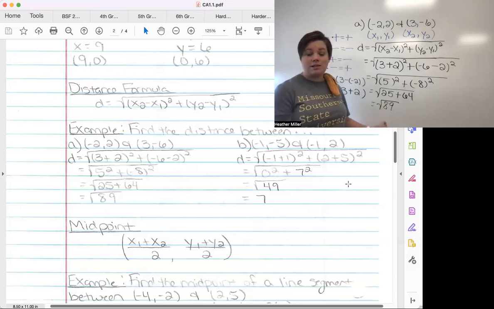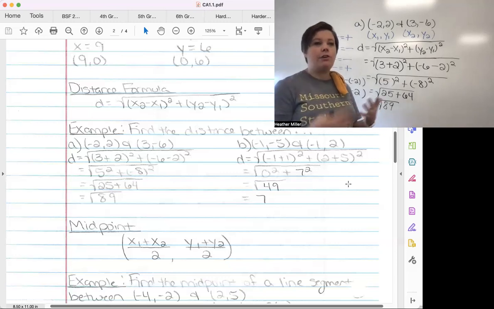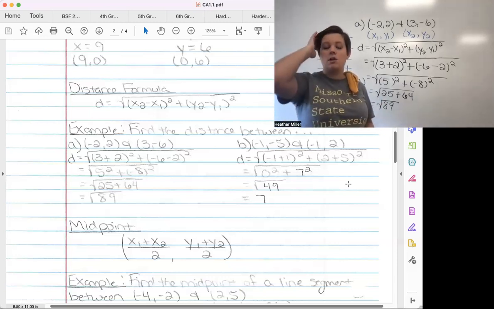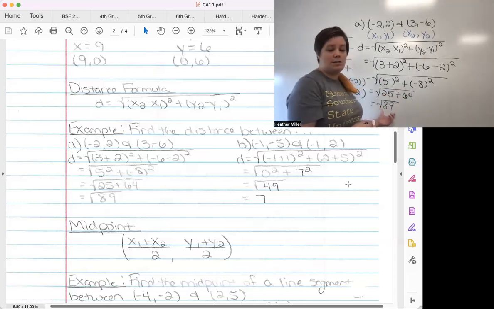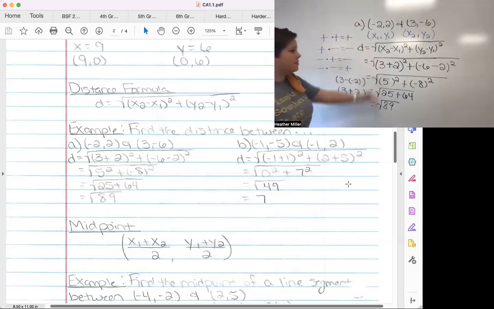Unless it asks for a decimal in a problem, you never want to give a decimal. Decimals are gross. They're not user-friendly in terms of algebra. They are user-friendly in terms of real life and the word problems and the application problems, and we will do some of those. But to get started, when we're doing these problems, leave it as the square root of 89. So this whole process right here is how we find the distance between 2 points.